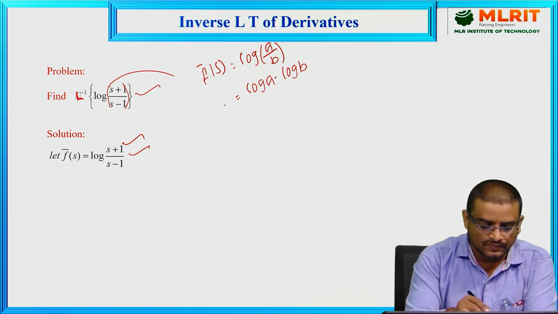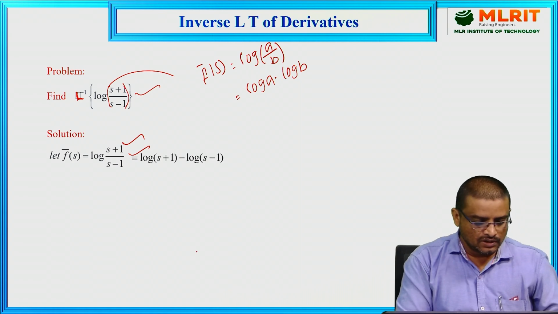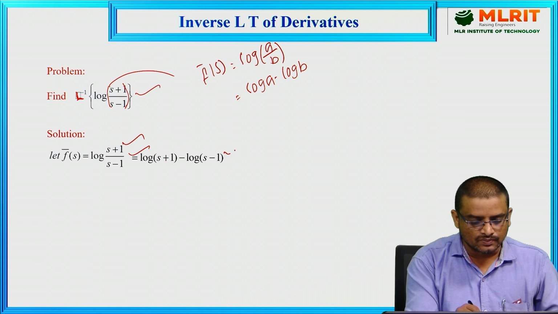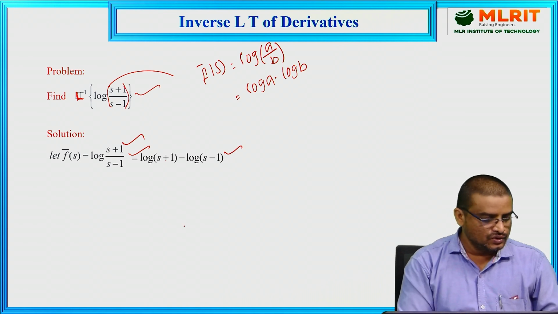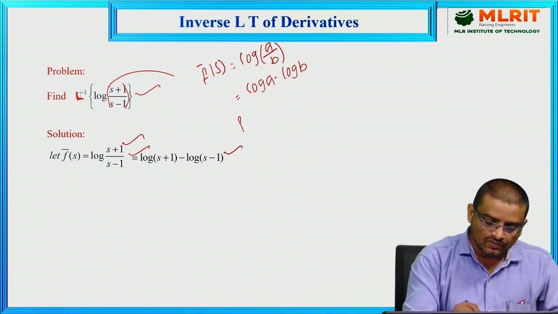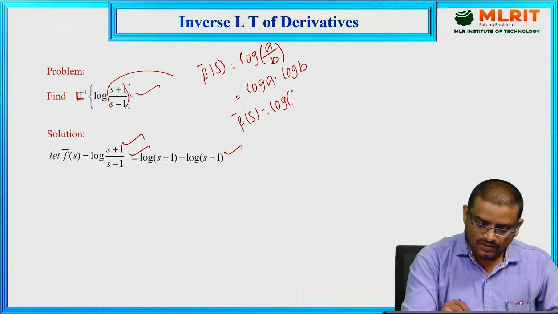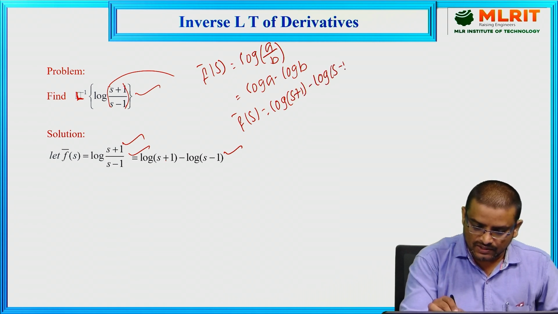Use this, so this can be written as log of (s plus 1) minus log of (s minus 1). So finally we got f bar of s is equal to log of (s plus 1) minus log of (s minus 1).